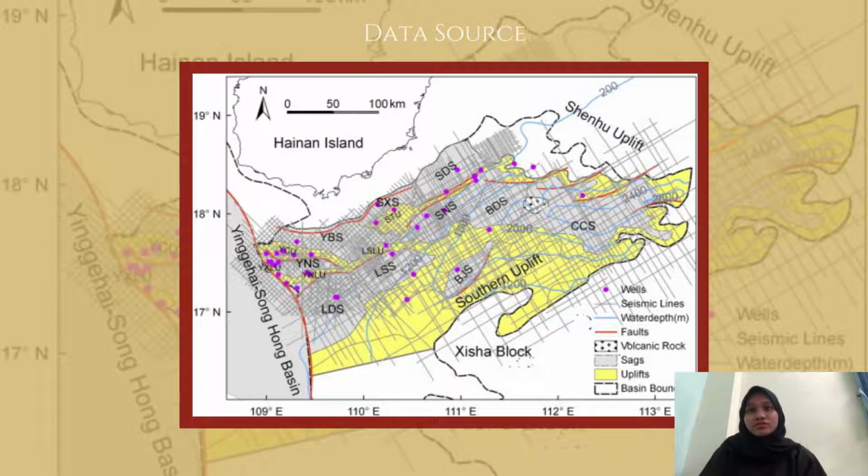On how the data source has been taken, a total of 500 2D and 3D high-resolution multi-channel seismic reflection profiles and 42 wells including VSP data and logging data provided by CNOOC have been taken.